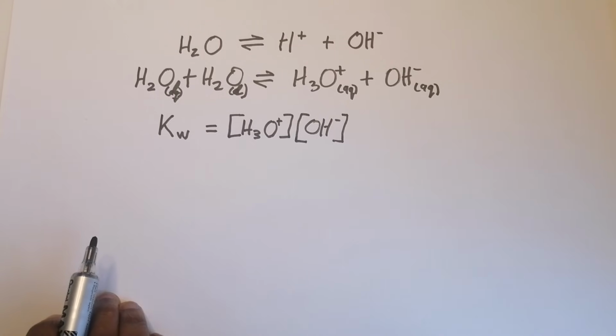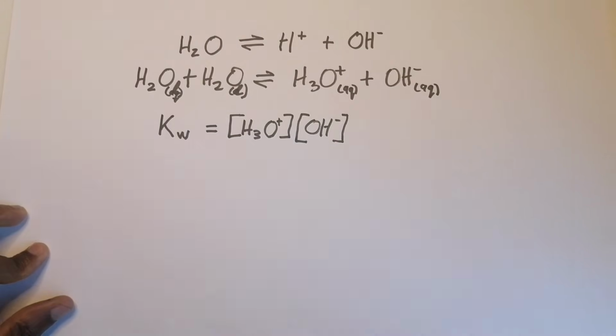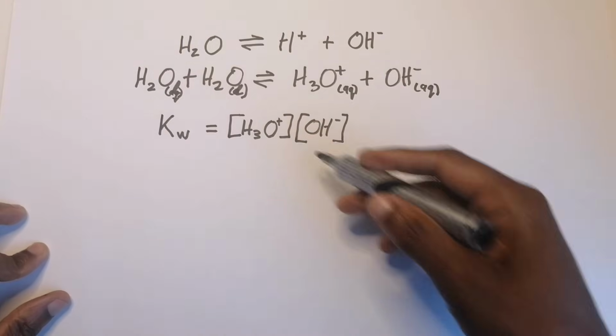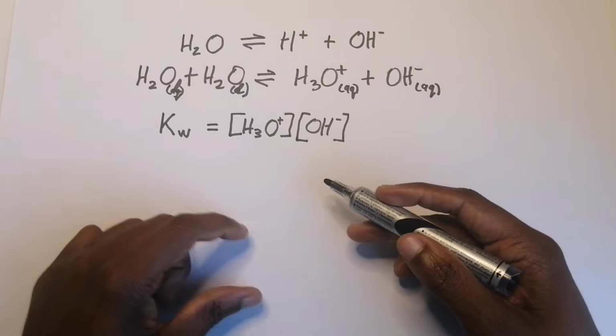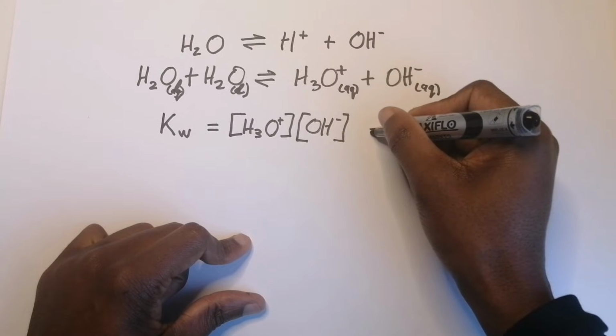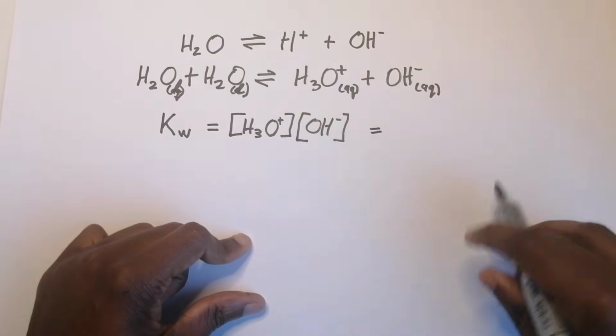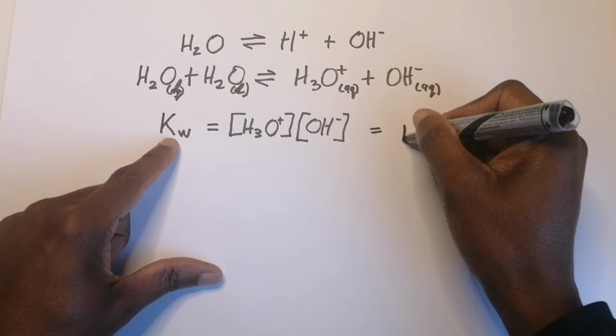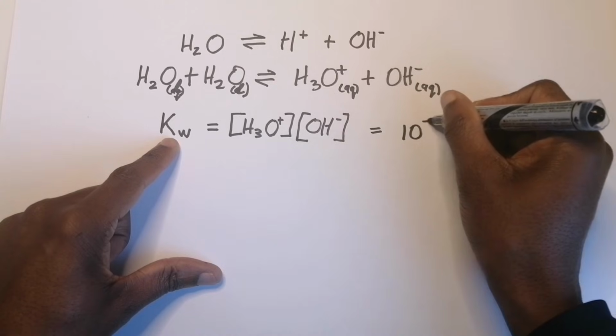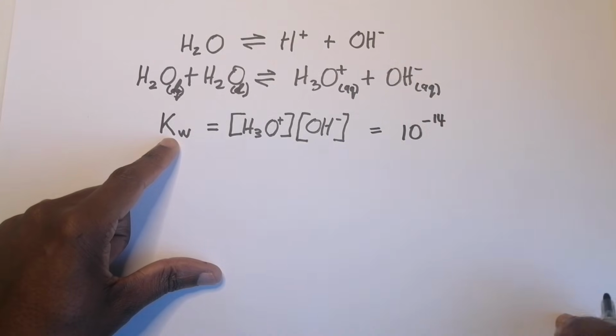So in the ionization constant of water, we find that at 25 degrees, the ionization constant gives us a value of 10 to the minus 14.